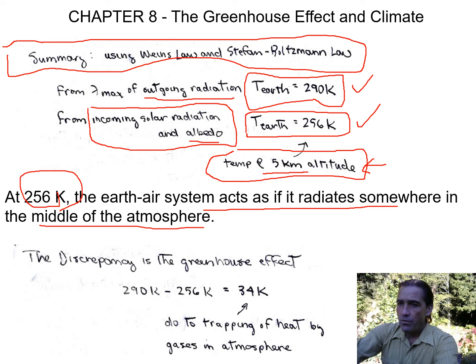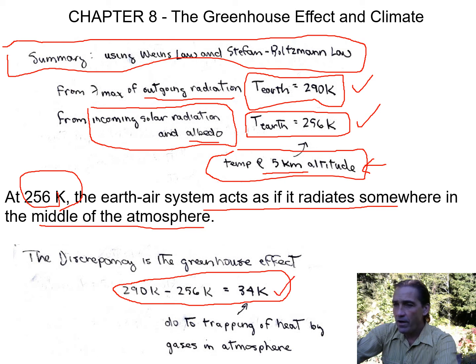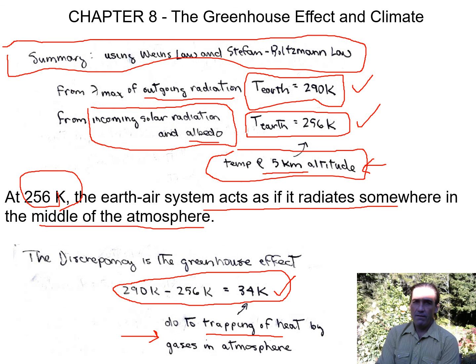And so the discrepancy between the two numbers is about 34 Kelvin. That's a considerable amount of temperature. And what we can say then is that this extra temperature is due to the trapping of heat by greenhouse gases.